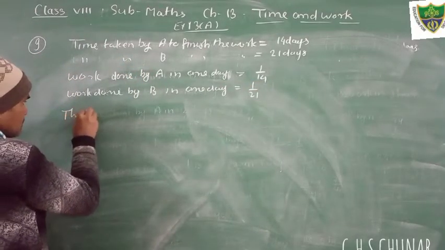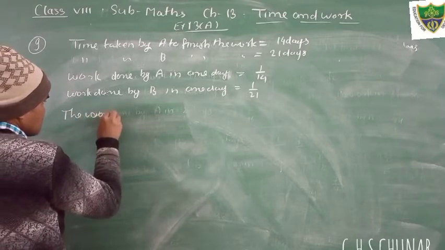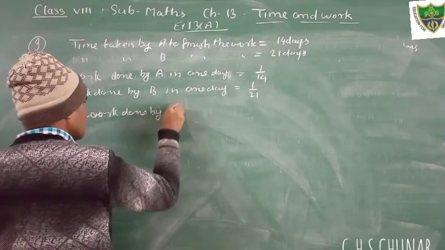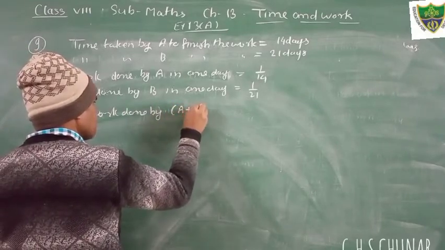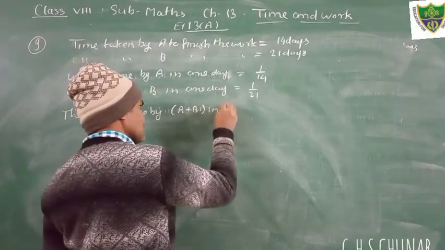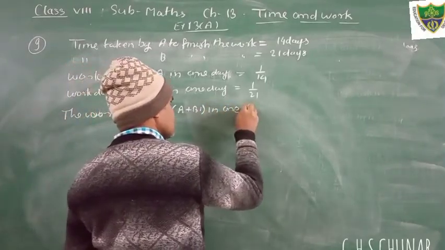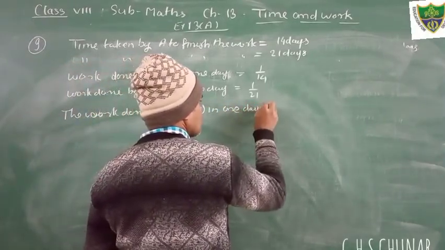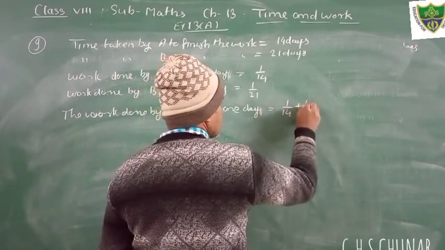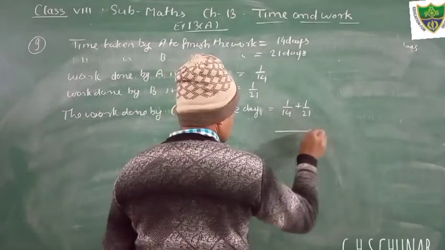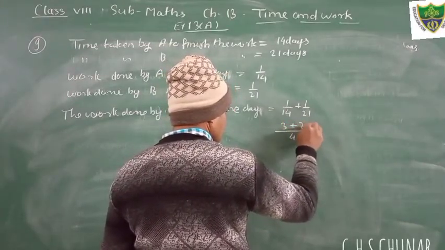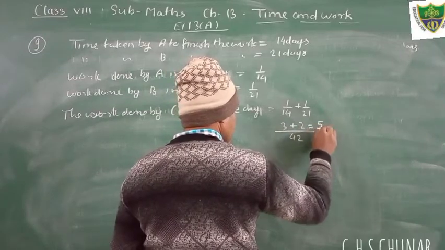Now the work done by A plus B in 1 day is 1 upon 14 plus 1 upon 21, that is 5 upon 42.